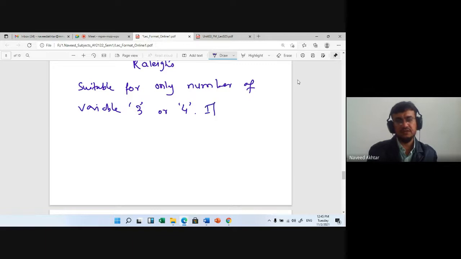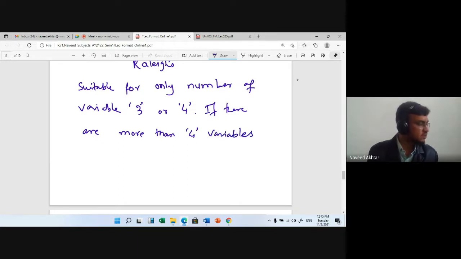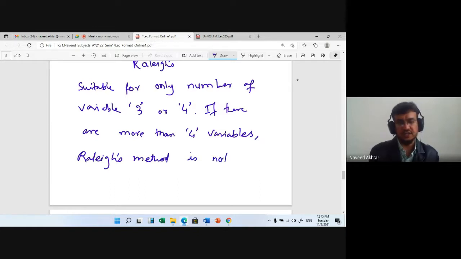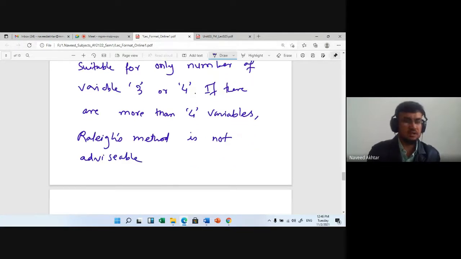variables, then Rayleigh's method is not advisable.